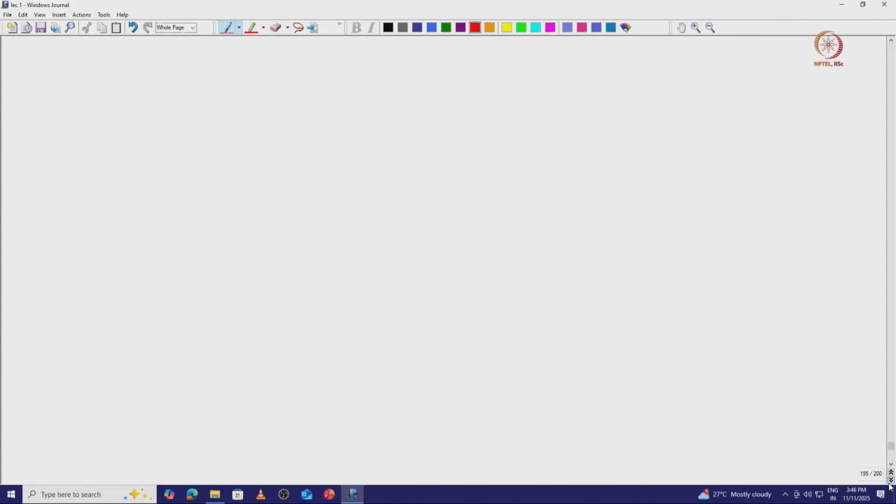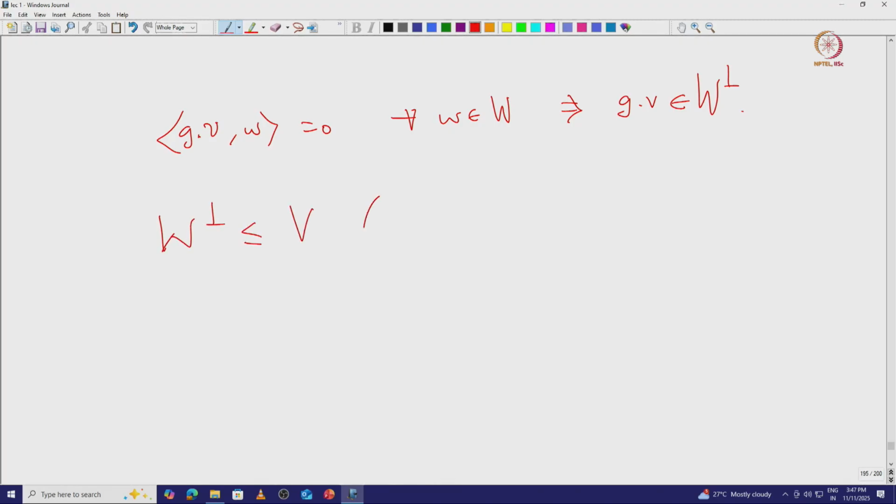So that implies that the inner product of g dot v and w is equal to 0 for all w in W. That implies that g dot v must be an element inside W perp. This proves that W perp is a sub-representation of V. So V decomposes as two non-trivial representations, so it must be decomposable.